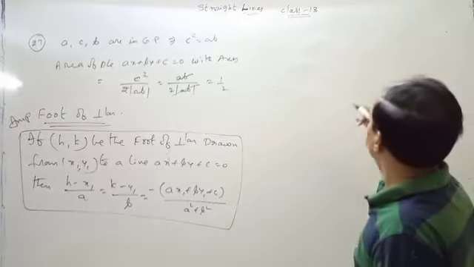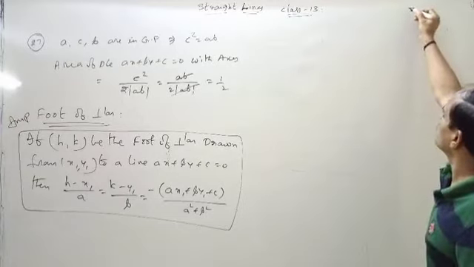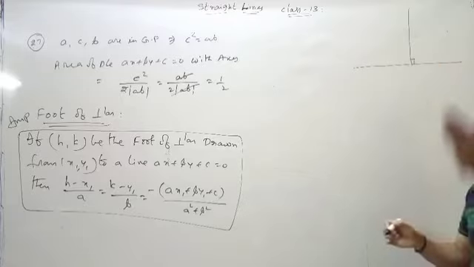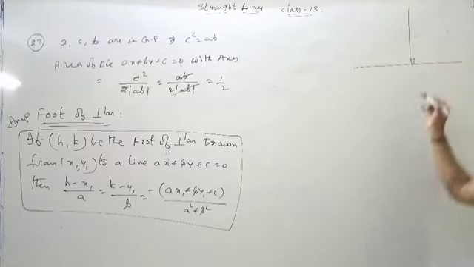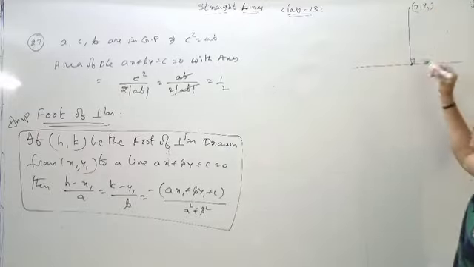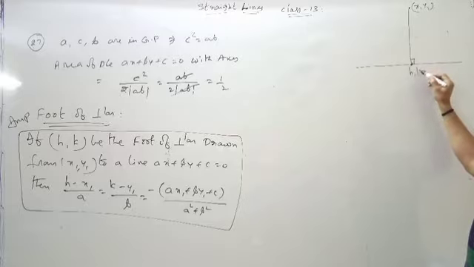What is meant by foot of perpendicular? You see here, foot of perpendicular. Perpendicular, like a foot. This is the foot of perpendicular, drawn from (x1, y1), and the foot of perpendicular is (h, k), on a variable line.